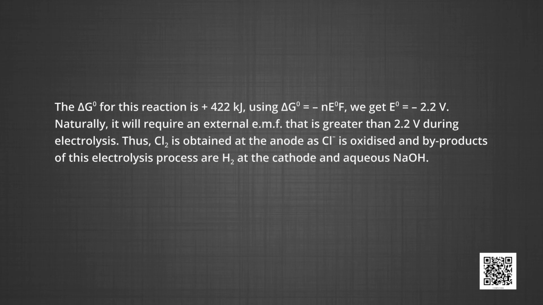Naturally, it will require an external electromotive force that is greater than 2.2 volts during electrolysis. Thus, chlorine is obtained at the anode as chloride ions are oxidized, and byproducts of this electrolysis process are hydrogen at the cathode and aqueous sodium hydroxide.